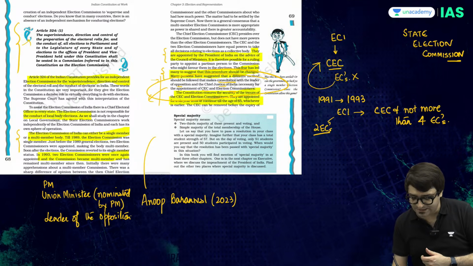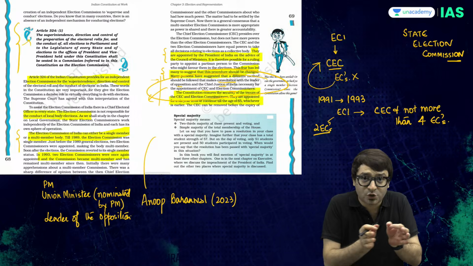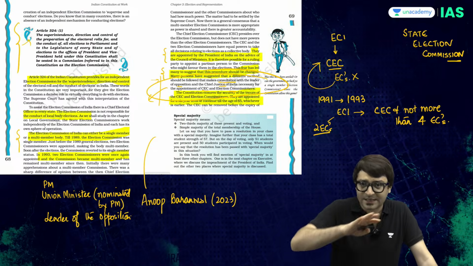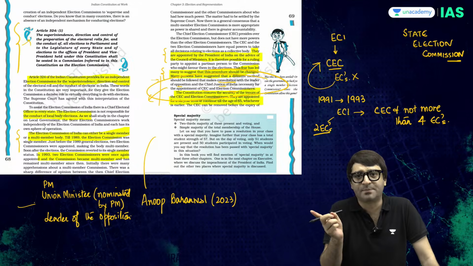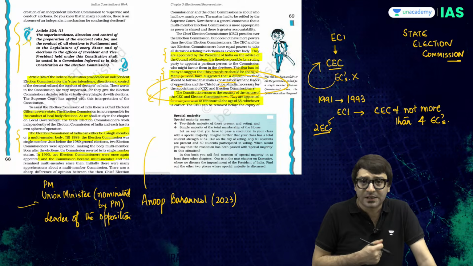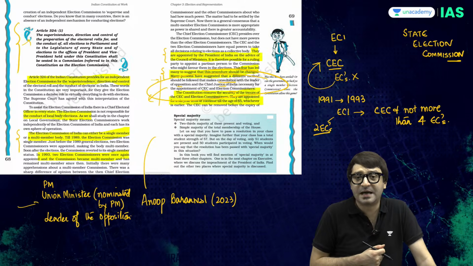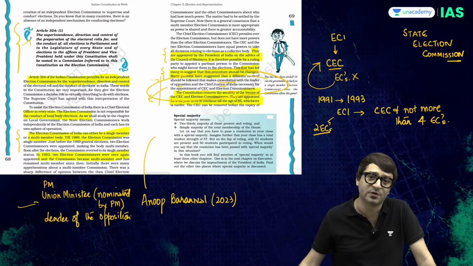So basically this suggestion of NCERT was tweaked by Parliament, saying instead of the Chief Justice of India, we will have the Union Minister nominated by the Prime Minister to be part of this committee to recommend names to the President as Chief Election Commissioner and election commissioners.